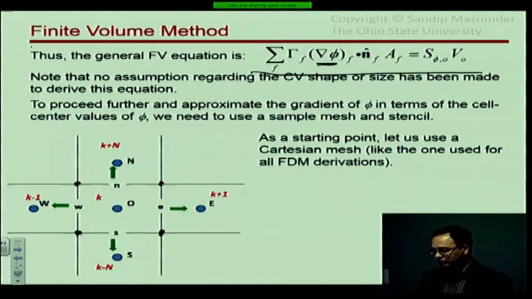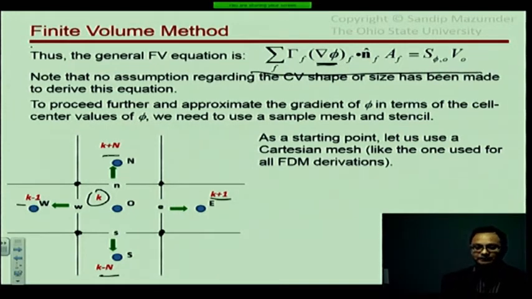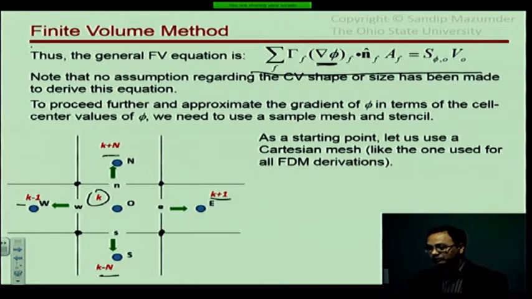I explained this in the last class already. If you write in terms of those global indices that you've been using for setting up your matrices and so forth, same idea here. This is k plus 1, k minus 1, k plus n, k minus n. Same idea. It's almost as if the whole thing has just shifted by half a cell, because then we were applying those to the nodes.